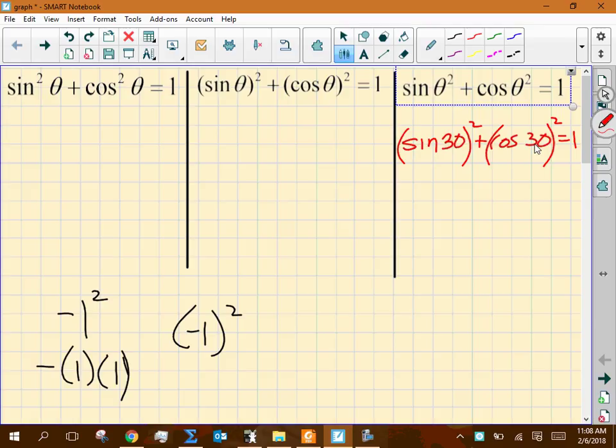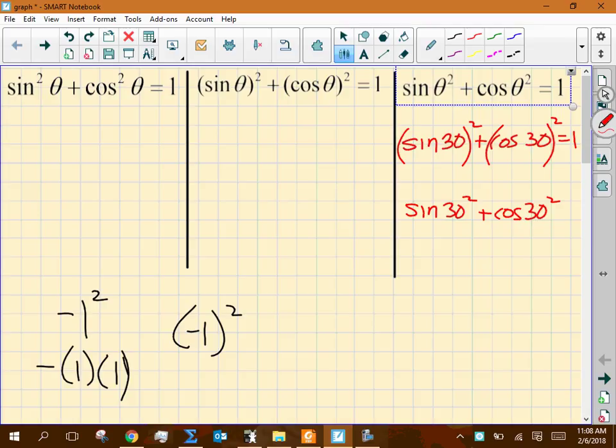Right? If I maybe misinterpret or miswrite it and say sine of 30 squared like this plus cosine of 30 squared like that, what that is actually asking us to do is find the sine of 900 plus the cosine of 900. Does that make sense?